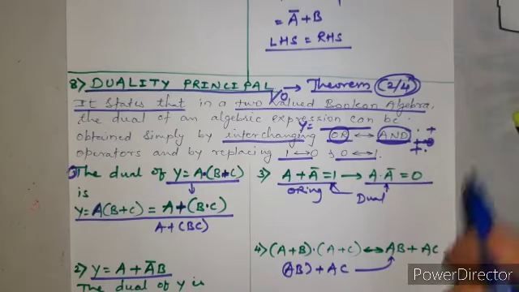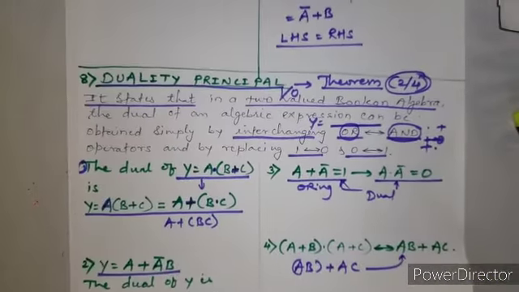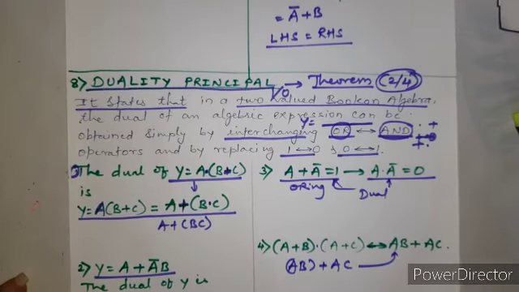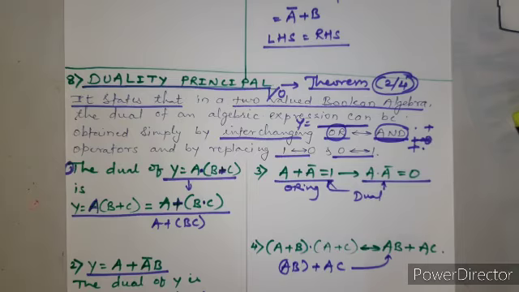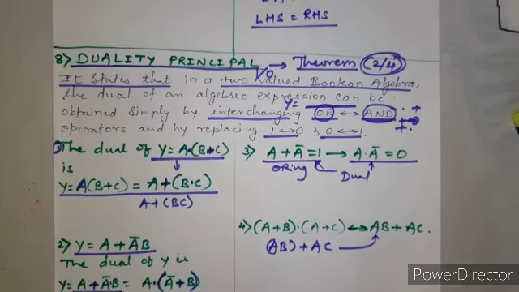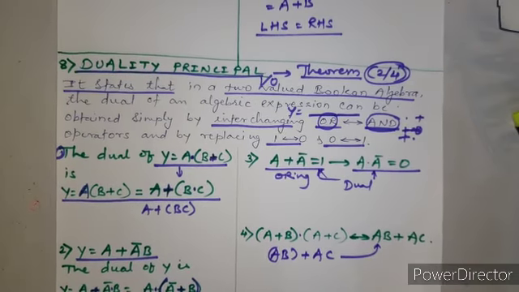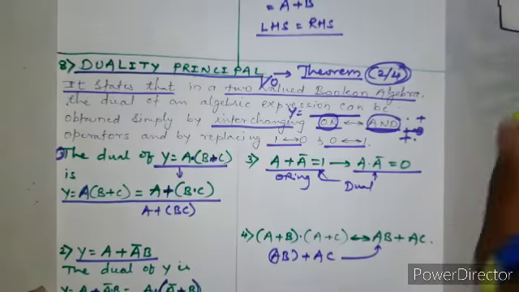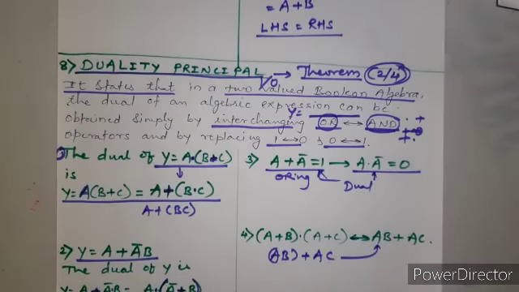So you may be asked this question for 2 or 4 marks. All right, I hope these important rules, the inversion law and the other important rules, are clear to you, right?